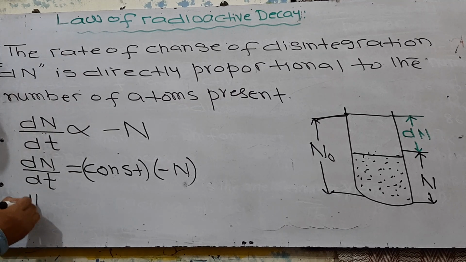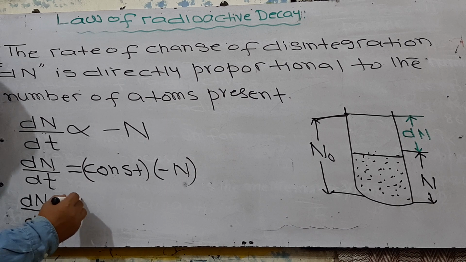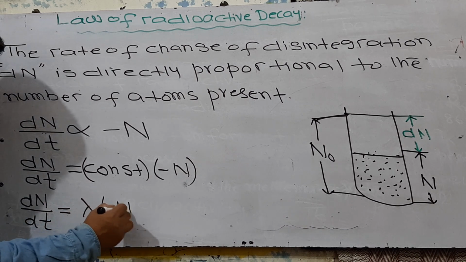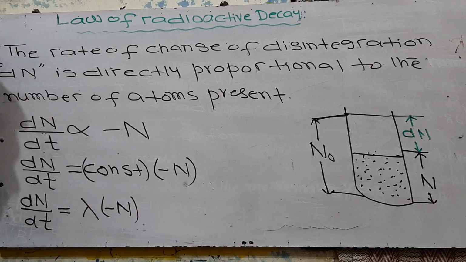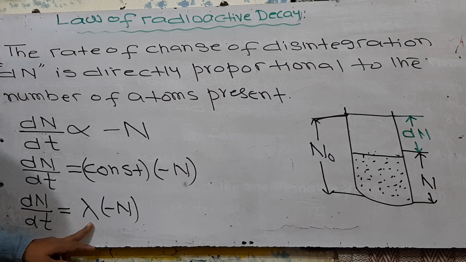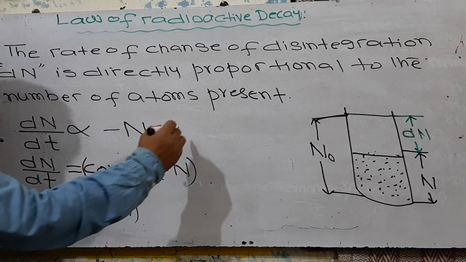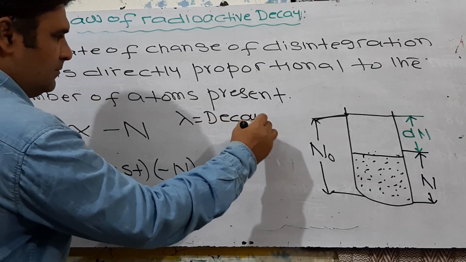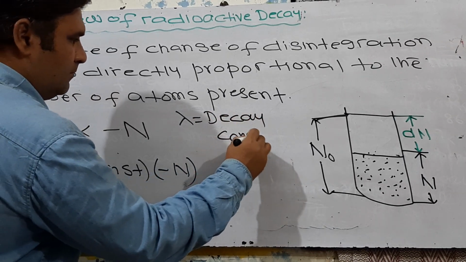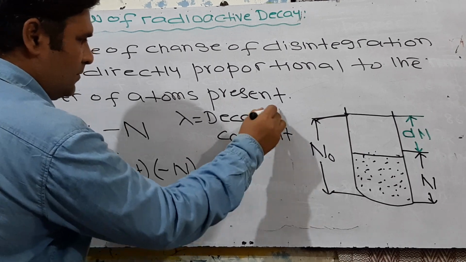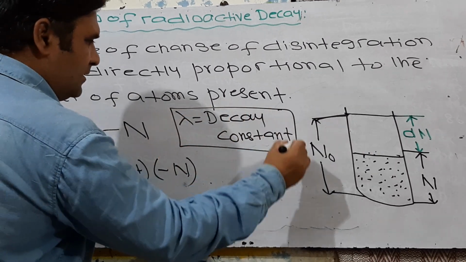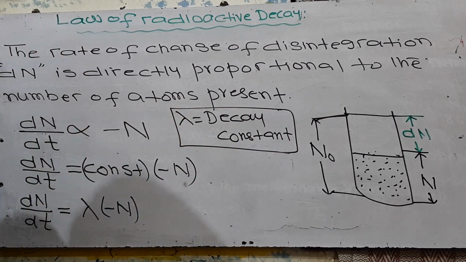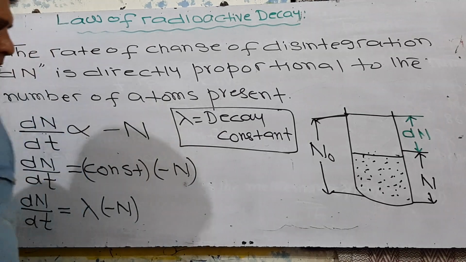Now dN over dt is equal to lambda into minus N, where lambda is known as the decay constant. It is different for different radioactive elements.